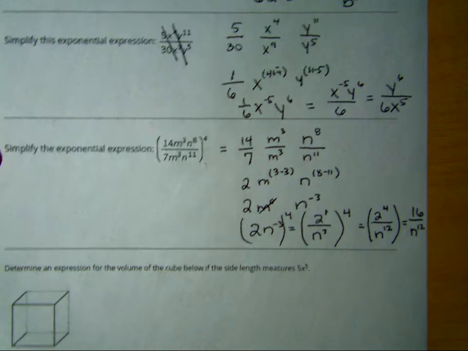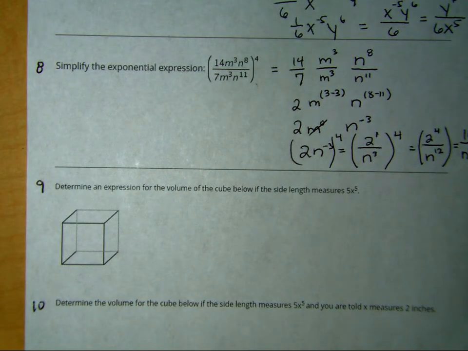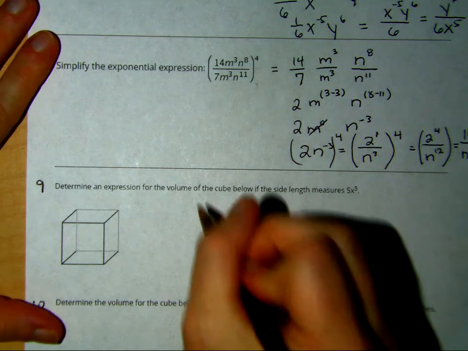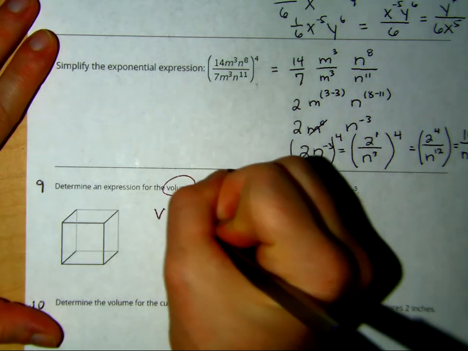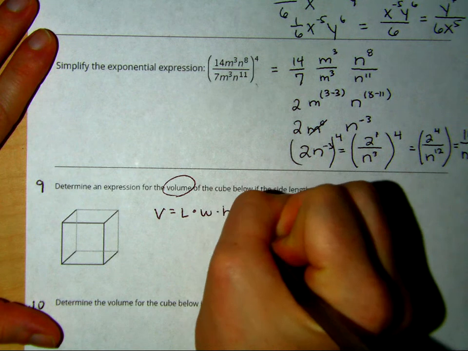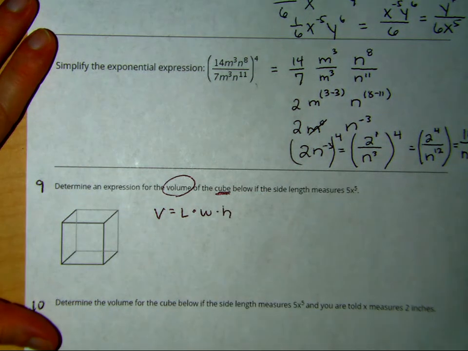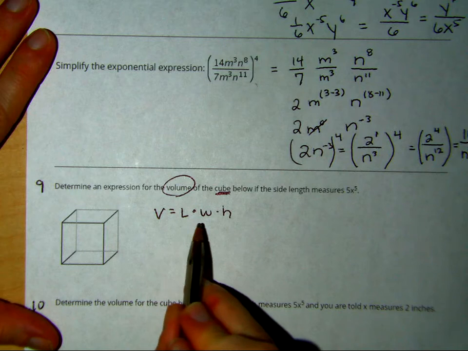Okay, so now we're moving on. We're adding some geometry in. So determine an expression for the volume of the cube below if the side length measures 5x to the 5th. So volume equals length times width times height. A special characteristic of a cube is all of these 3 things are the same.